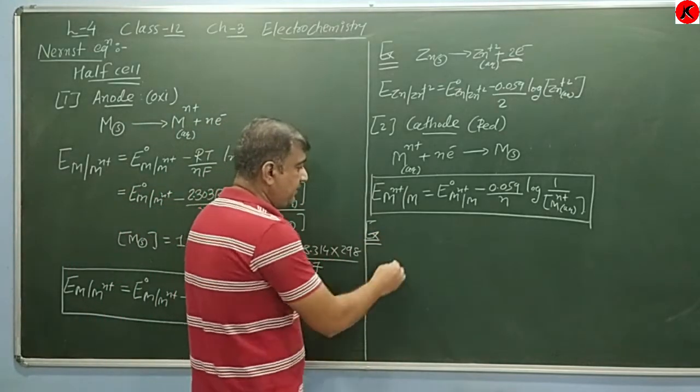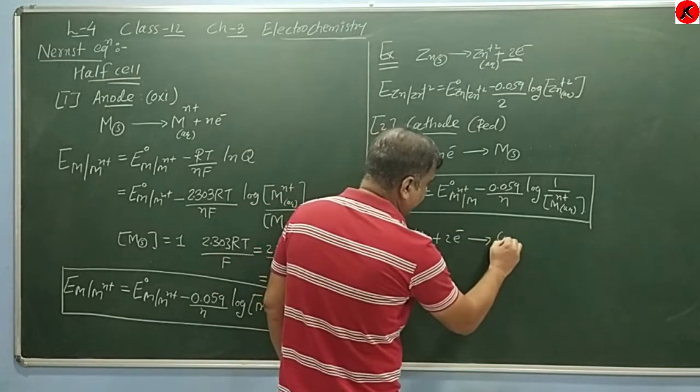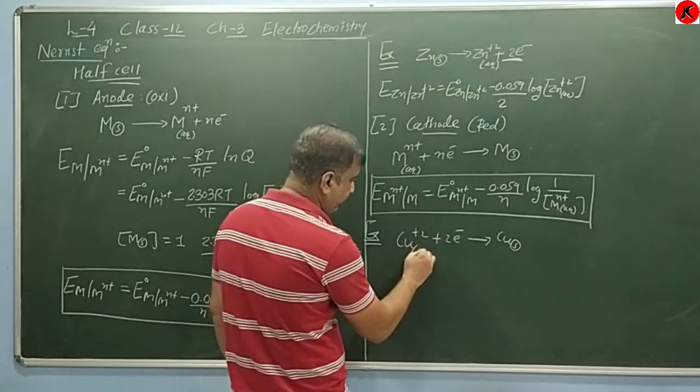Say for example, Cu2+ aqueous plus 2 electrons gives Cu solid.